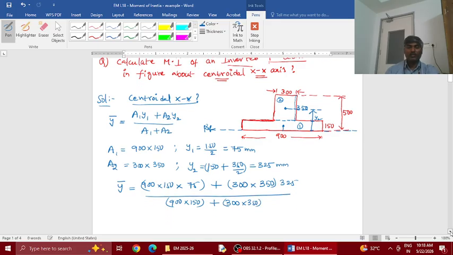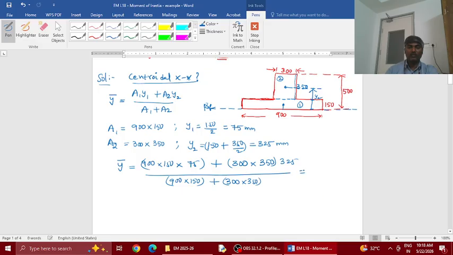This is the y bar value and it works out to 184.375 mm.